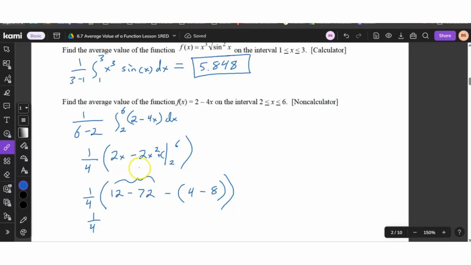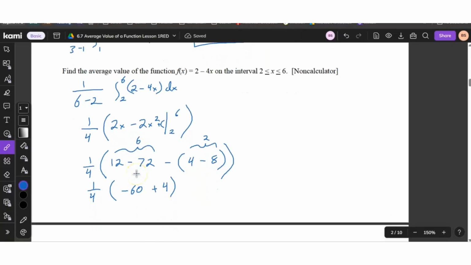It's always the greater number first. Yep, always. 12 minus 72 is negative 60. 4 minus 8 is negative 4. Minus negative 4 is plus 4. Which means I'm going to get 1/4 times negative 56.